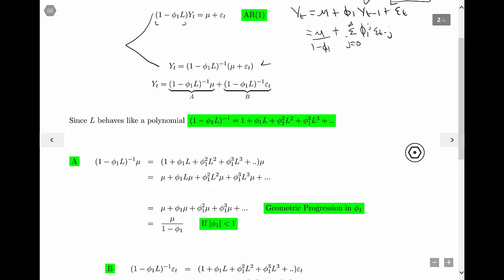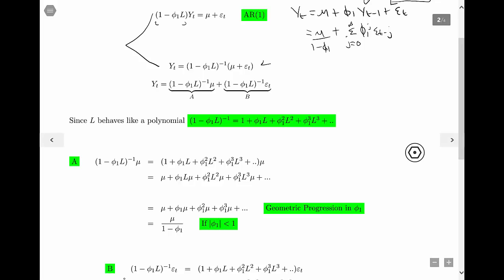What we're going to show is that we're going to get the exact same MA infinity representation as we got in lecture, which we should expect to find because we know these two things have to be equal to each other. So we should get the exact same result. And again, L behaves like it's a polynomial.